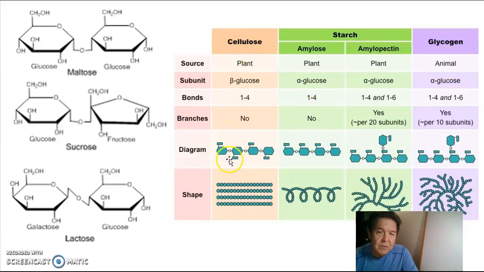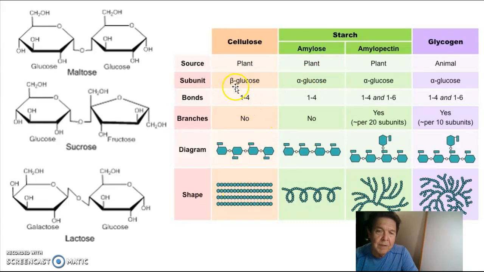The cellulose is linear, but between the different strands we have hydrogen bonds. That's why cellulose is so hard. And amylose is also linear, but the bond is alpha 1,4, while in cellulose it is beta 1,4.